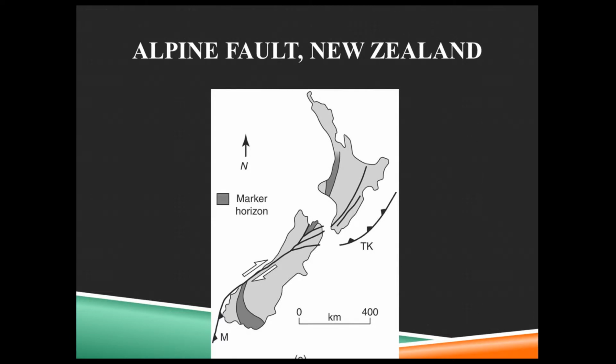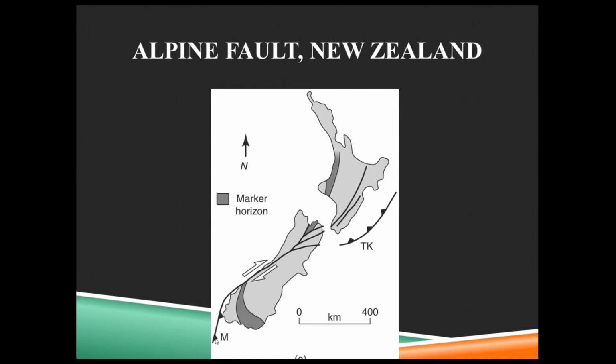Now if we look at another fault, the Alpine Fault in New Zealand, we can see this horizon marker is basically a bed or a formation that has been sheared off. So we see part of it down here to the southwest and part of it up here to the northeast.